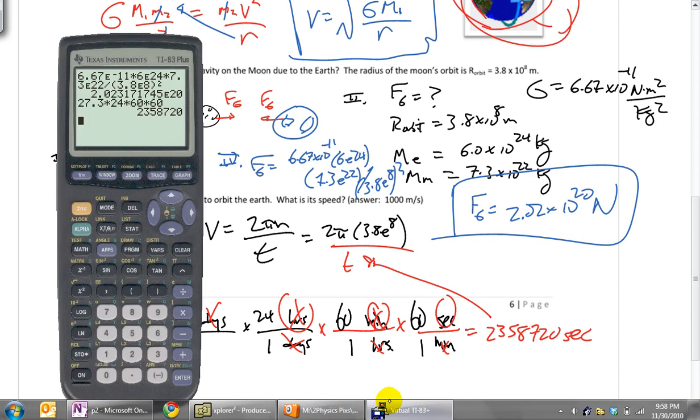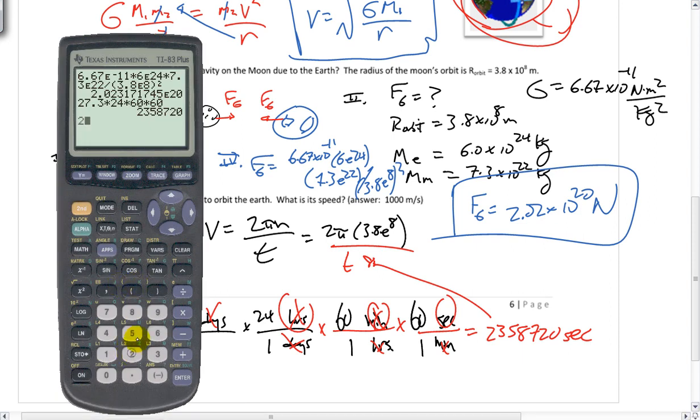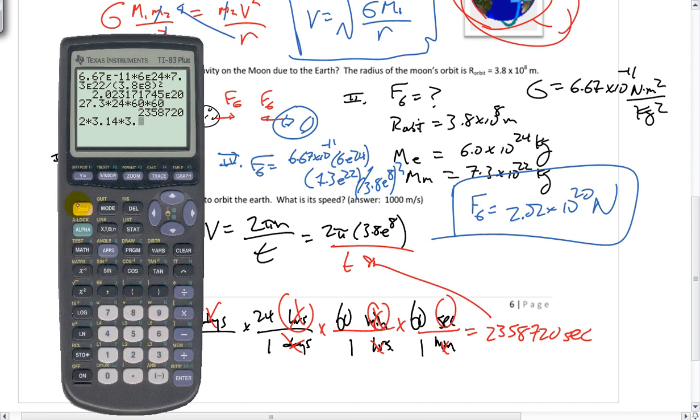And so finally, we can solve for the velocity by simply taking 2 times pi, 3.14, times the radius of orbit, 3.8 times 10 to the 8th, and divide that whole thing by our previous answer, and we get a final orbital velocity of around 1,000 some meters per second, which is a little bit over 2,200 miles an hour, is the orbital velocity of the moon.